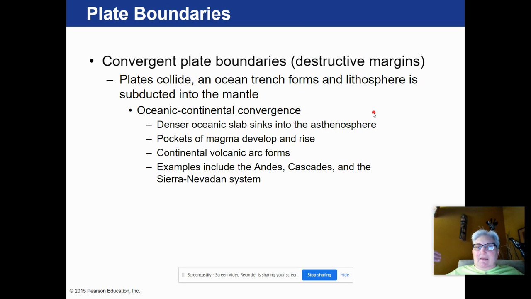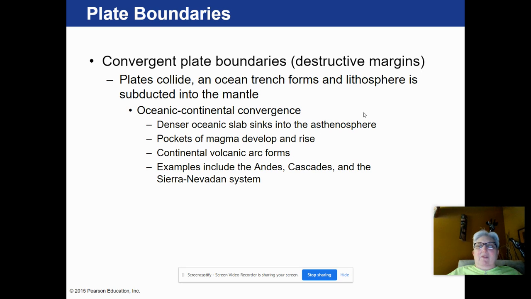Convergent plates, again, are those plates that are coming together. And these are, a lot of times, the basis for the formation of our mountain ranges. So when continental plates come together, two continents butting up against each other, what the theory tells us is as they come together, we get a push upward of that rock.